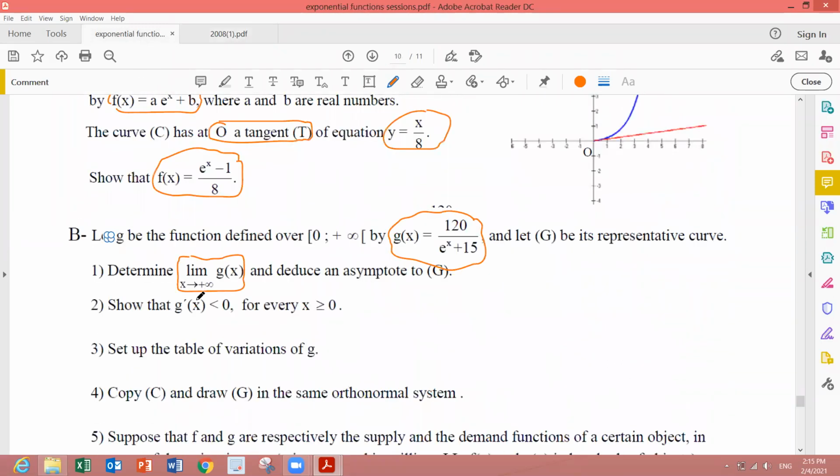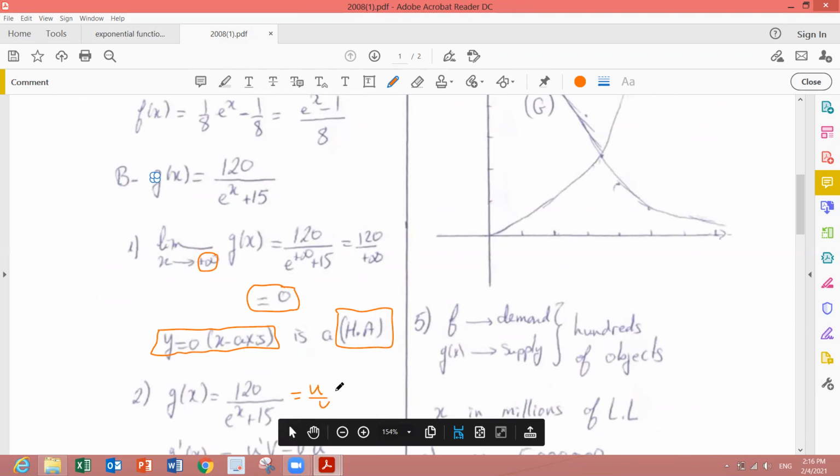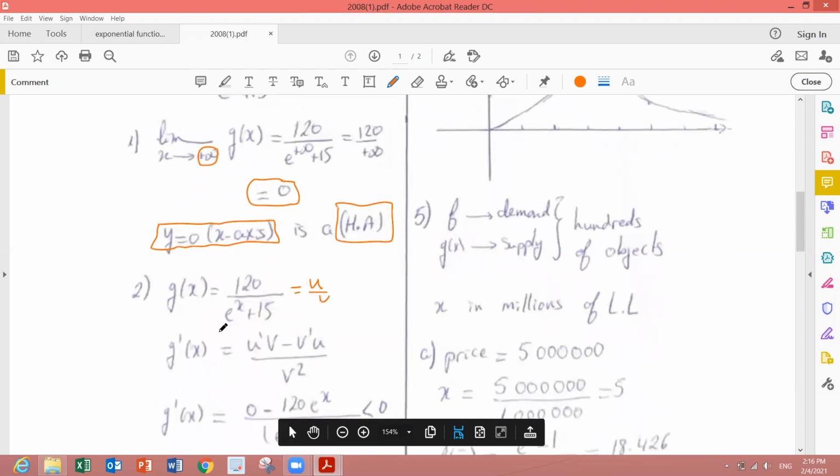Show that g prime of x is negative for every x positive. We need to show that g prime of x is negative. كيف الفورم of g of x? It is of the form u over v. G prime of x equal (u prime v minus v prime u) over v square.